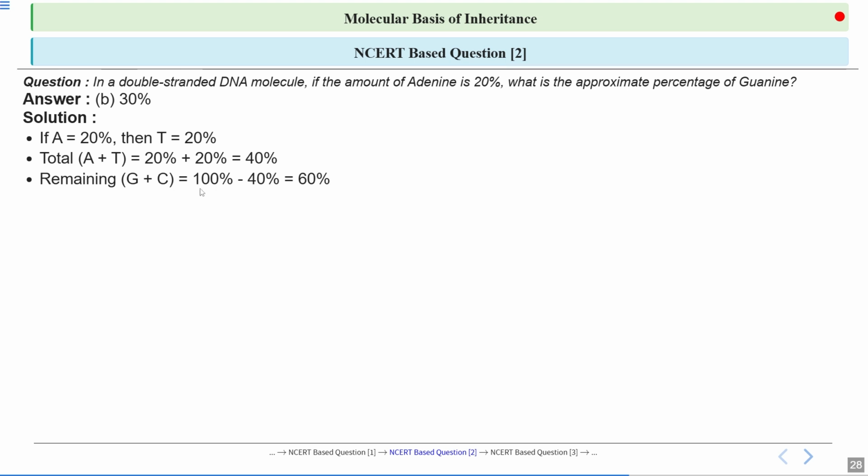So G plus C equals 60%. Now we also know that G equals C, so if we substitute G as C, then 2C equals 60. So 1C will be 30%, and if C is 30%, G will also be 30%. This is what you need to understand.